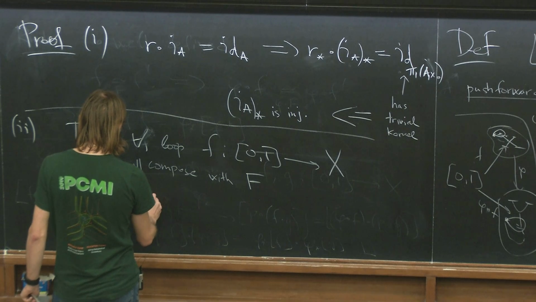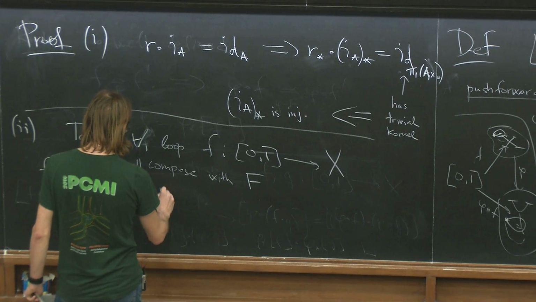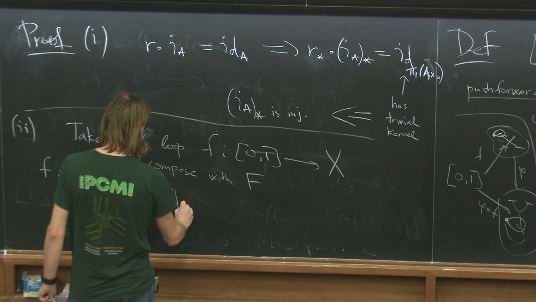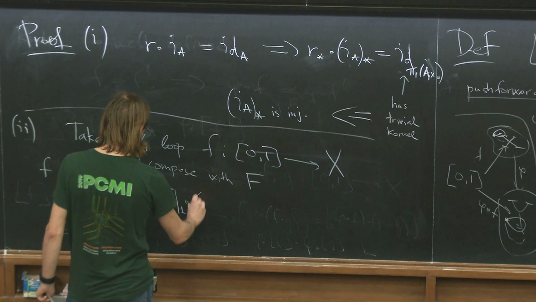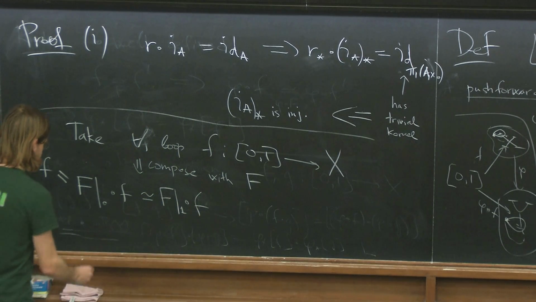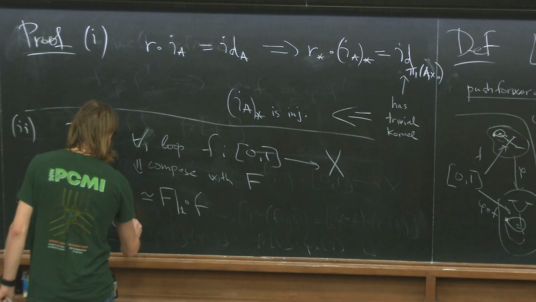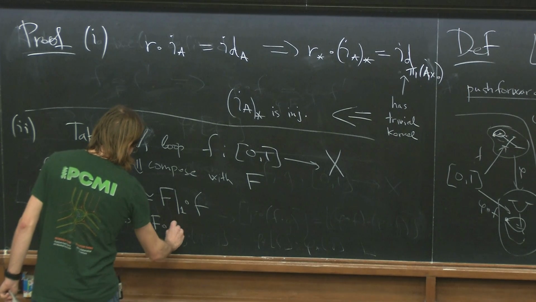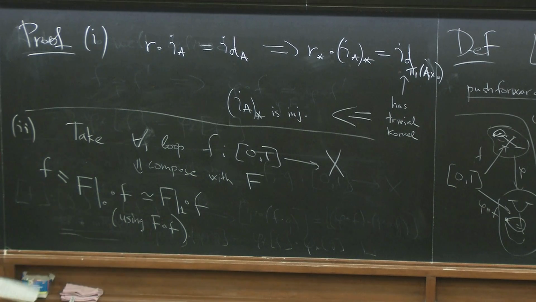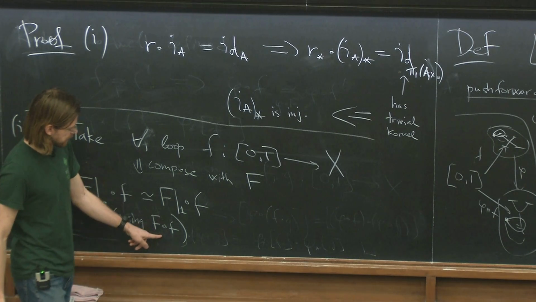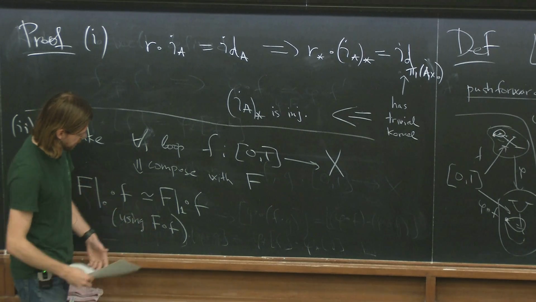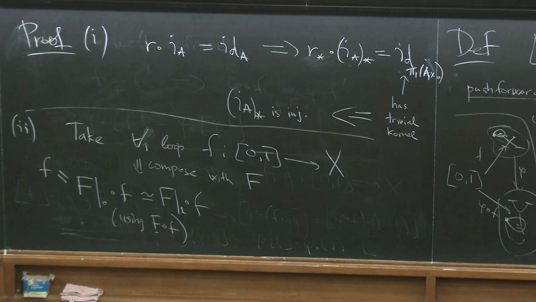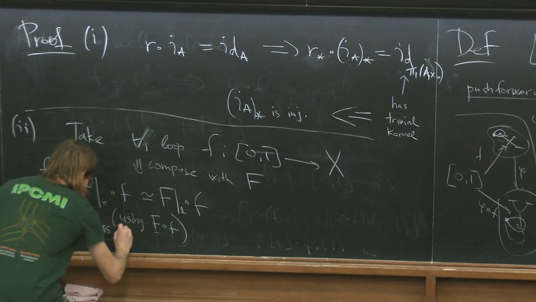And we know that this is path homotopic to the restriction of F to 1 composed with f, using the composition of the full function capital F with our path f as a homotopy. So we use it as a path homotopy.